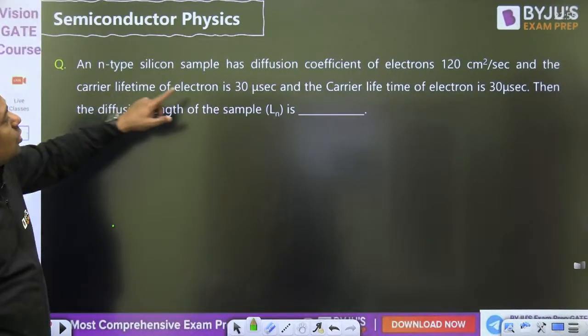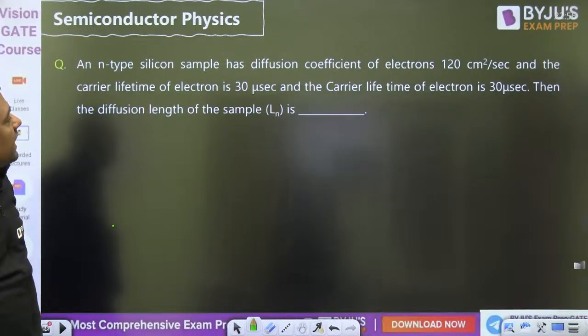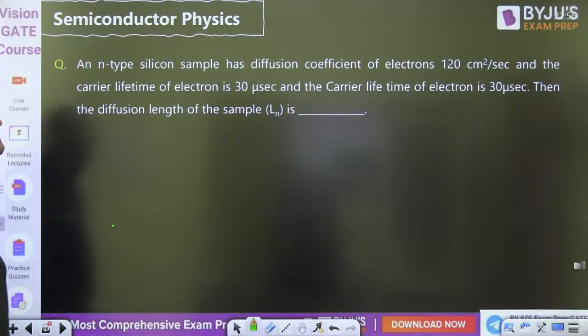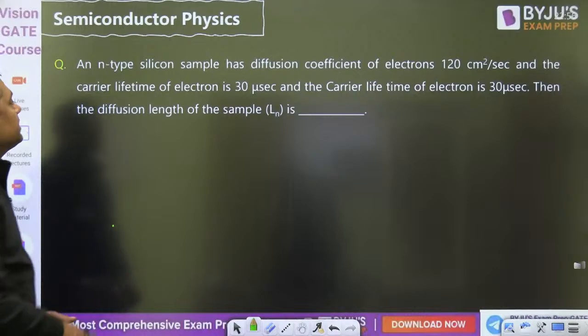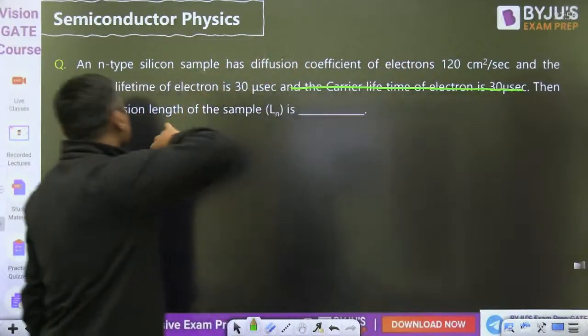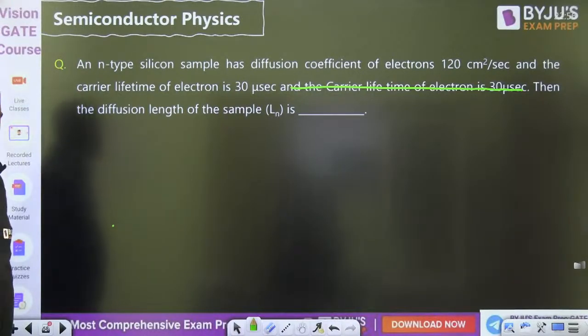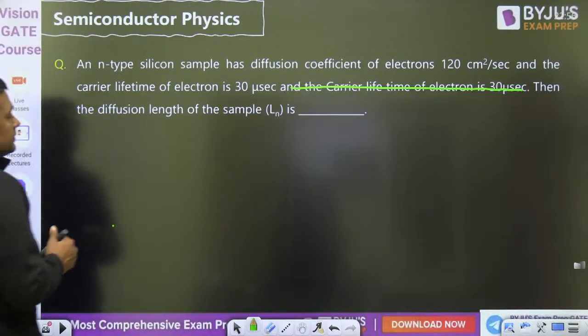An n-type silicon sample has a diffusion coefficient of electron, and the carrier lifetime of electron is given. Then find the diffusion length of the sample. Sir, what is the relation between mu and D, tau and D? And this is the relation.